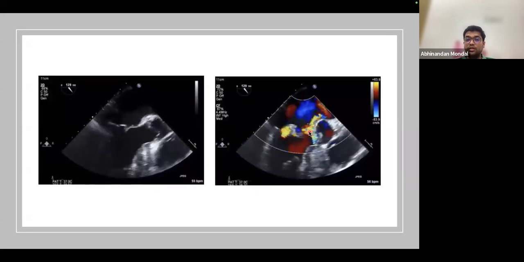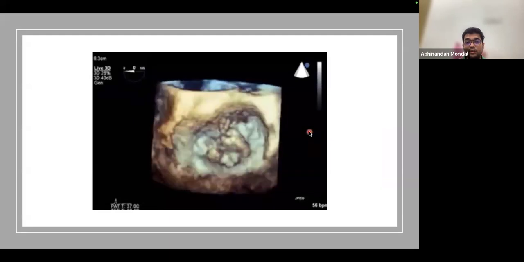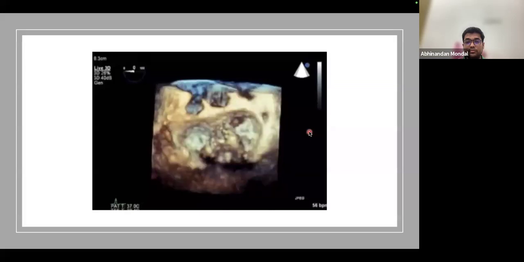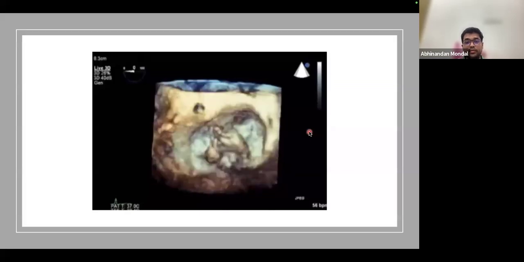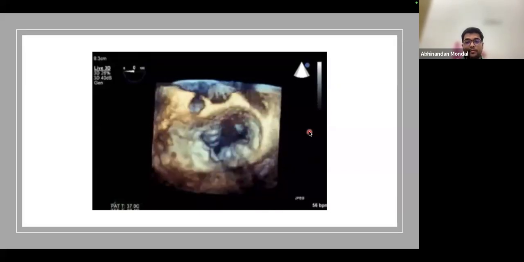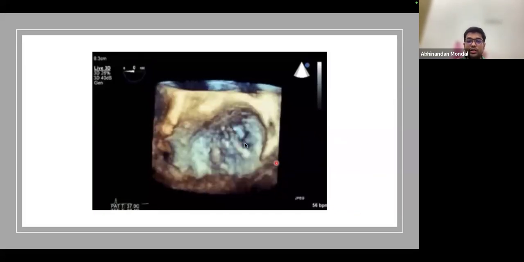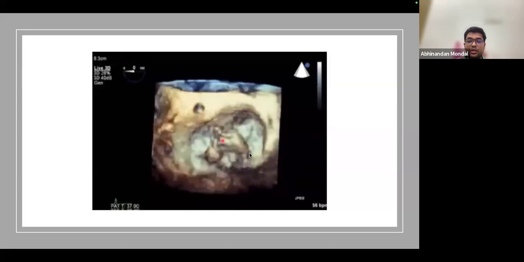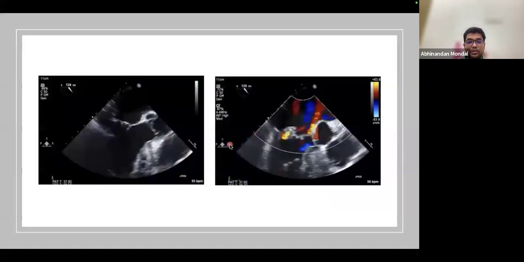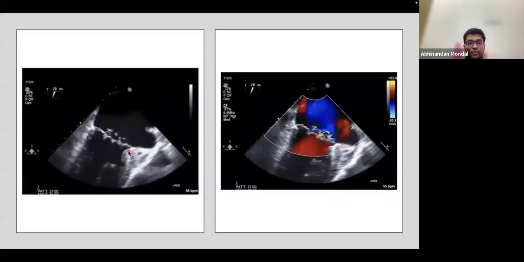So in these things, your 3D will give you a better insight. This is your 3D. What are the things you can see? You can see there is an A1.